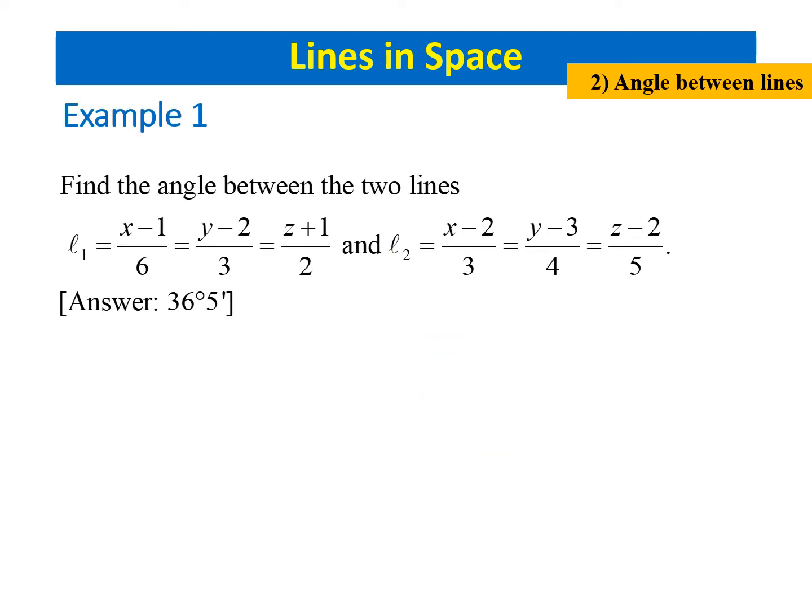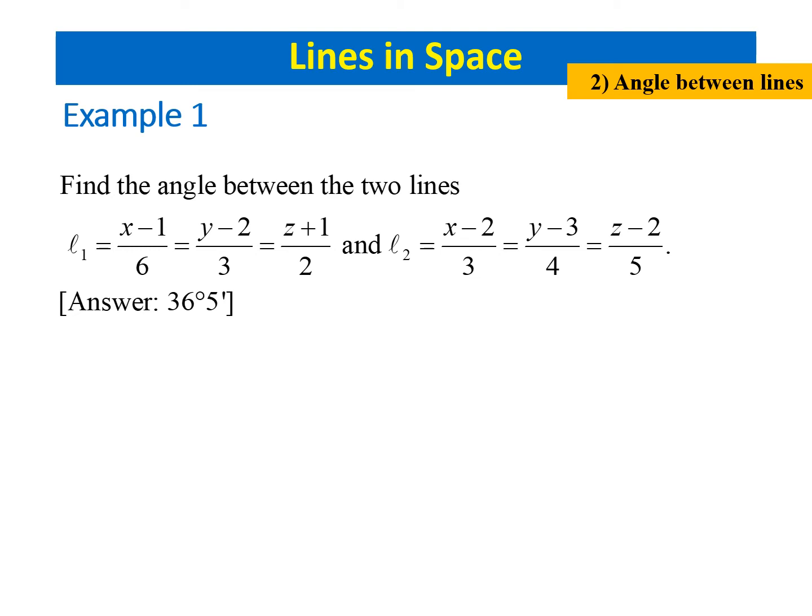Now let us try example 1 to find the angle between two lines, where L1 is given in terms of this symmetric equation and L2 in terms of this symmetric equation. To find the angle, we need to know the vector that is parallel to L1 and another vector that is parallel to L2.